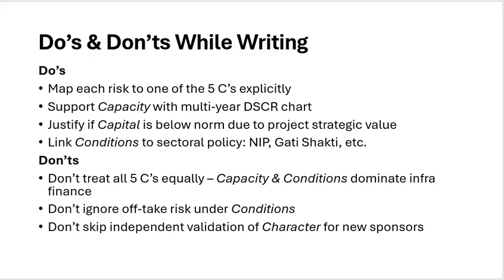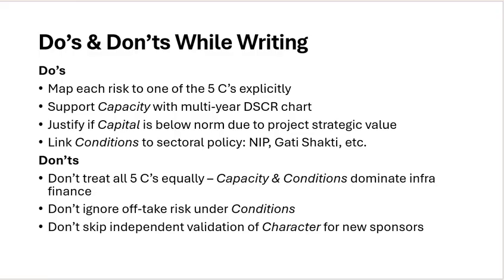So map each risk to those C's and support the capacity with a multi-year debt service coverage ratio chart, to check how the debt service coverage ratio supports the project. Justify if capital is below norms due to the project's strategic value.